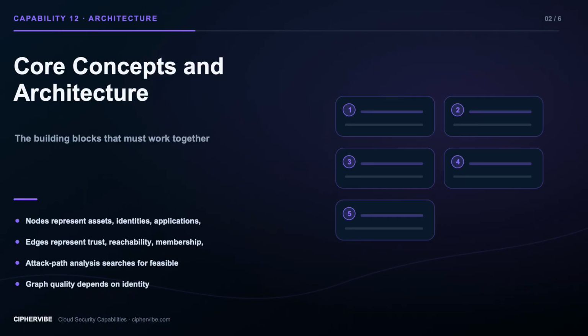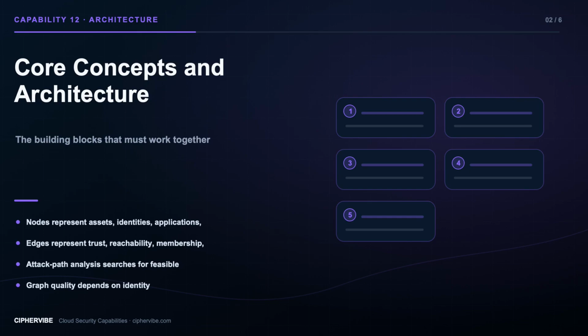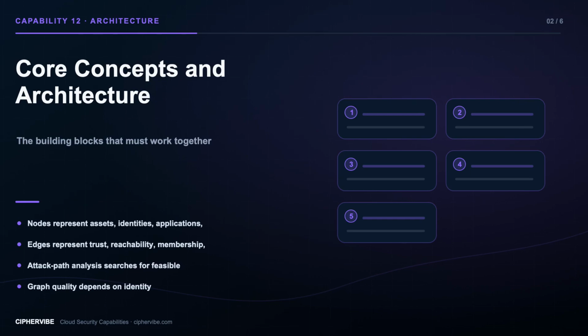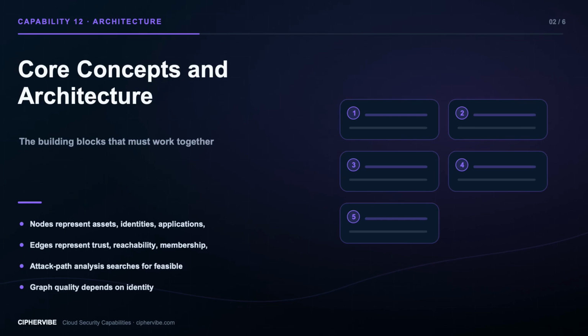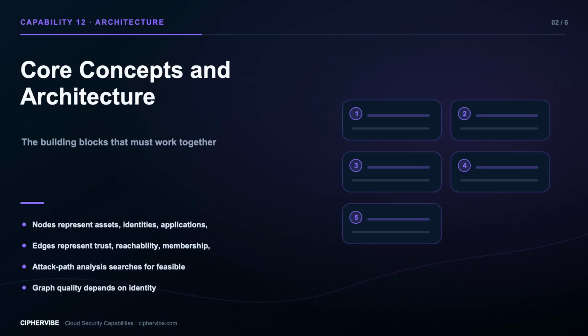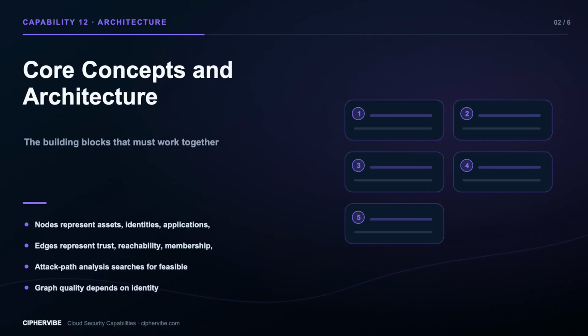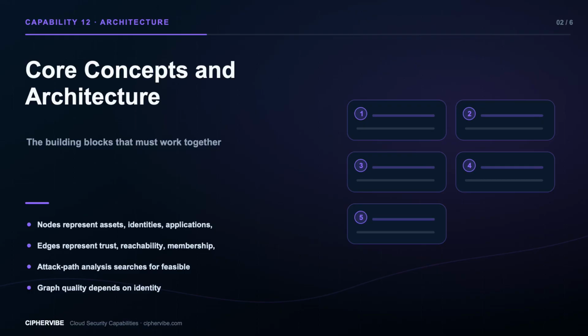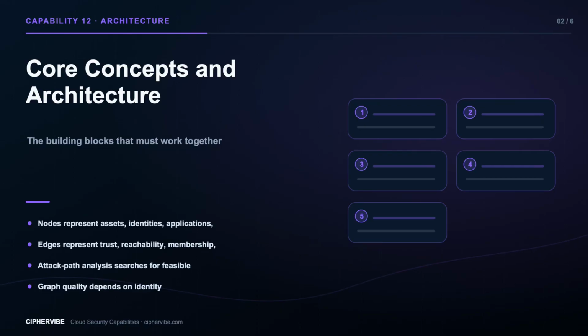The capability should create a traceable chain from source evidence to a security decision and then to an accountable action. First, nodes represent assets, identities, applications, data stores, findings, controls, accounts, and business services.